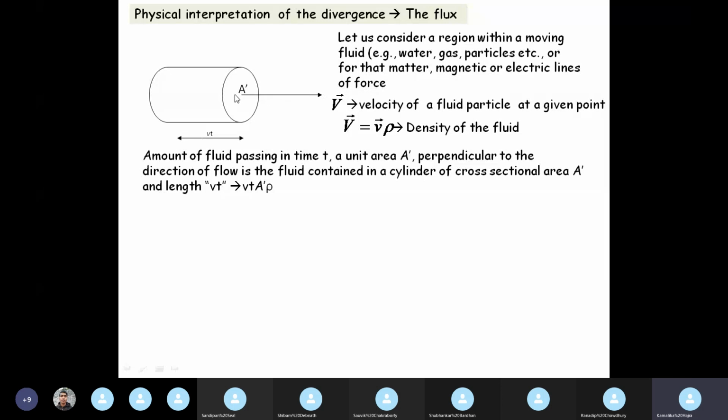This arrow gives us the direction of flow. Then the fluid passing in time t through this area is given by the fluid contained in this cylinder of length Vt. Is this clear to everybody?